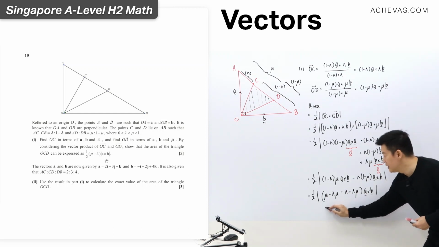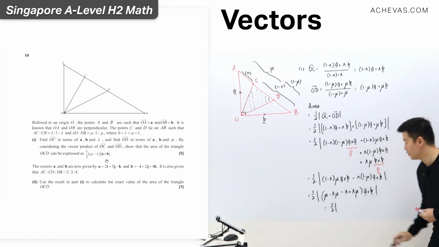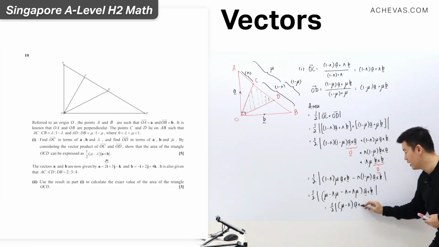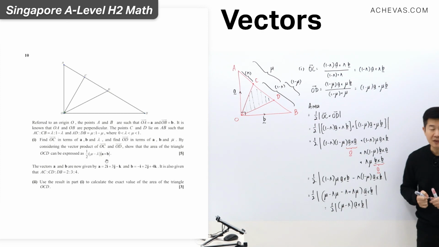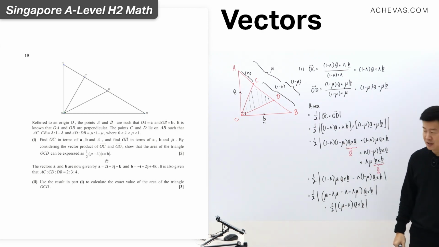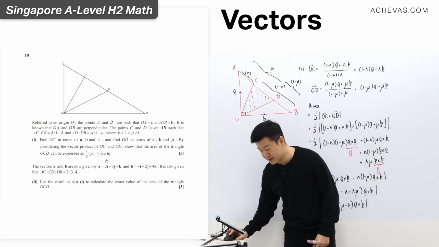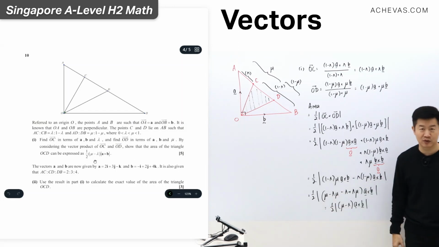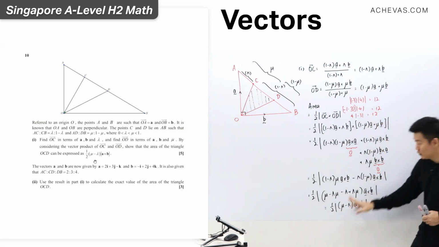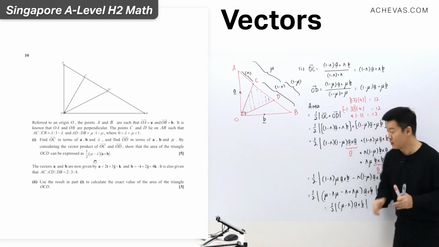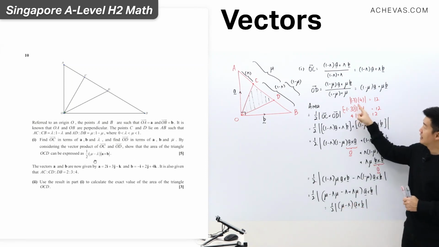So this is going to be equal to half of modulus of mu minus lambda of A cross B. We have not achieved what the question wants yet, because what the question is asking us to show has this mu minus lambda outside the modulus notation. So coming back to here, if it were to be taken out, I need to first analyze whether this mu minus lambda is a negative number or a positive number.